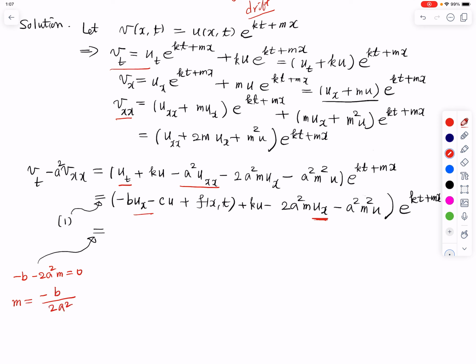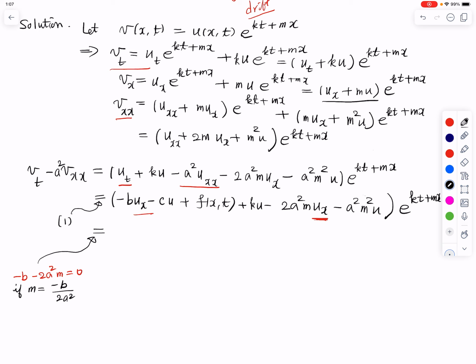That is my m. If I take this one to be m, that term becomes 0.